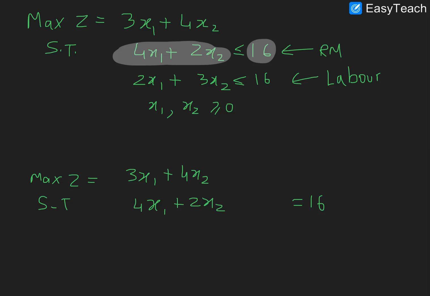So now how do I transform this? Let us keep this portion as it is. This is our raw material consumption. Obviously I cannot say that my raw material consumption should be equal to 16, because that's not the correct way to interpret this.